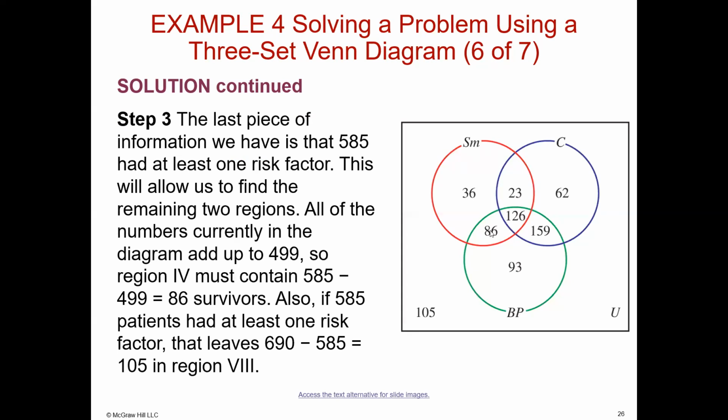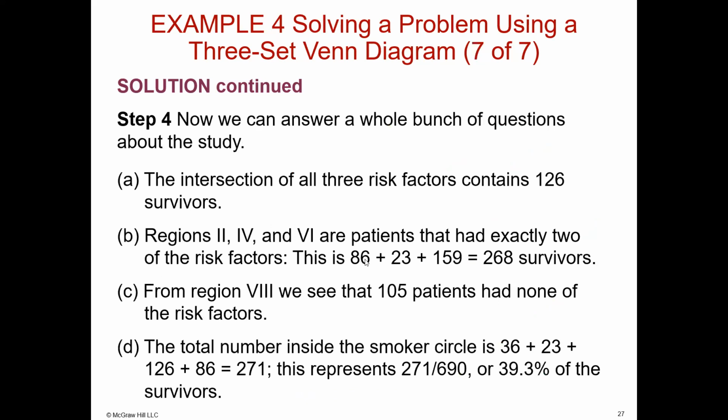Well, that would be 86 for smoking and blood pressure, plus 159 for cholesterol and blood pressure only, plus 23, correct? Had smoking and only cholesterol. So what's 86 plus 159 plus 23? That would be the total number of people that just suffered from exactly two ailments or two risk factors. I got 268. There you go.